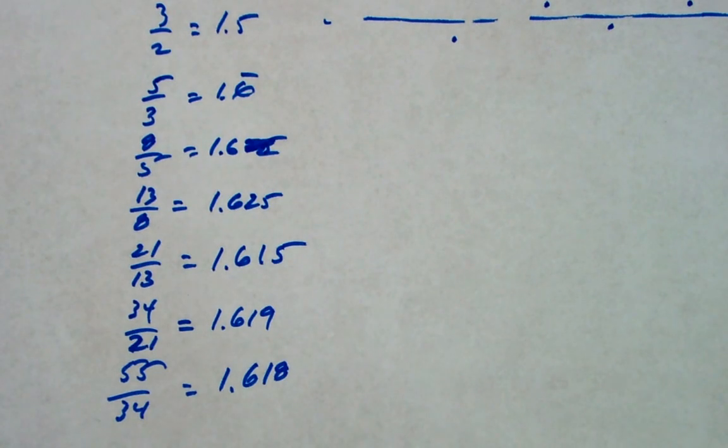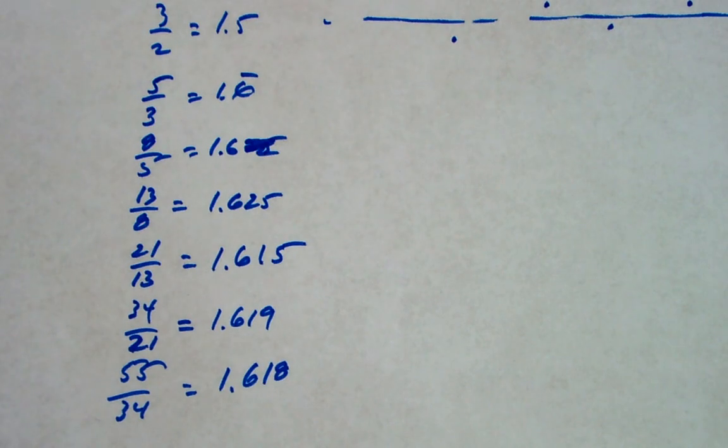Okay? So here's what I want to do. I'm going to use a word that's going to strike fear into your hearts. I want to prove that this ratio is about 1.618. And I want to find out what that exact ratio is. And it's a very important ratio. Okay? So here's what we're going to do.